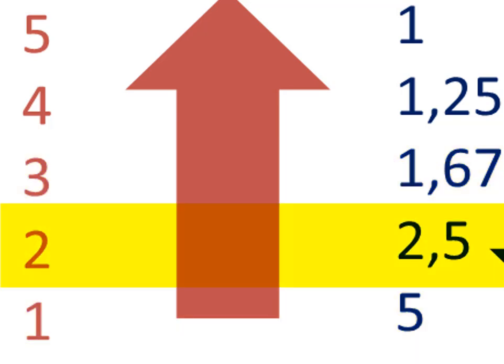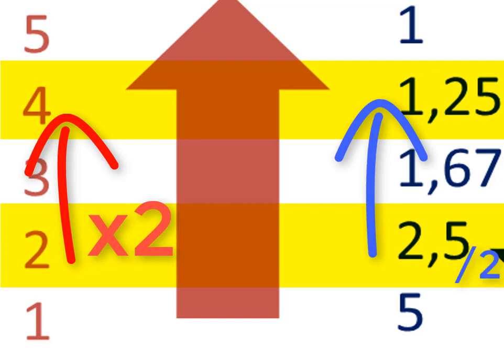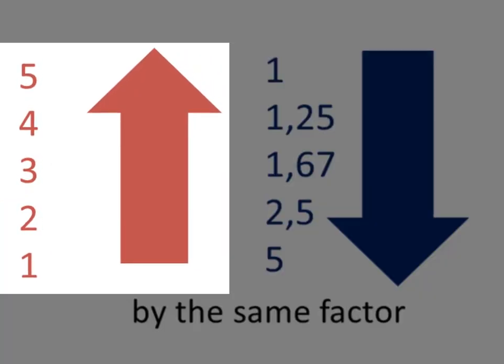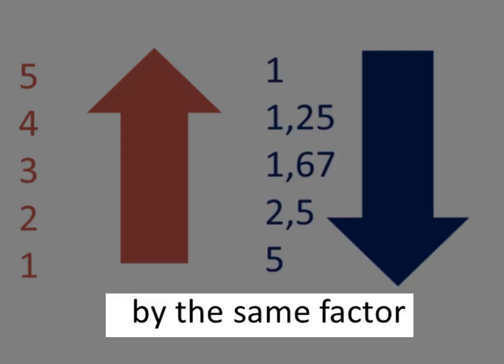Let's compare 2 and 4 and 2,5 and 1,25. To go from 2 to 4, you double the value. 2 times 2 equals 4. To go from 2,5 to 1,25, you must halve the value. 2,5 divided by 2 equals 1,25. So we can see that as one variable is increased, the other one decreases by the same factor.